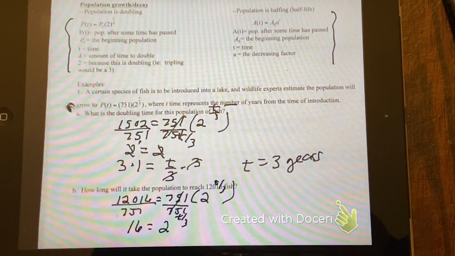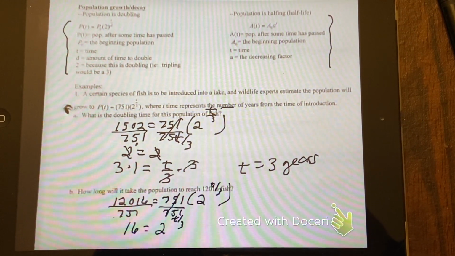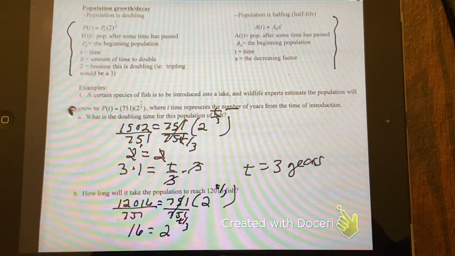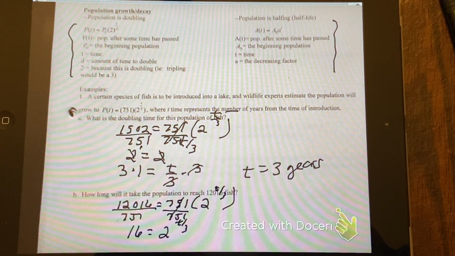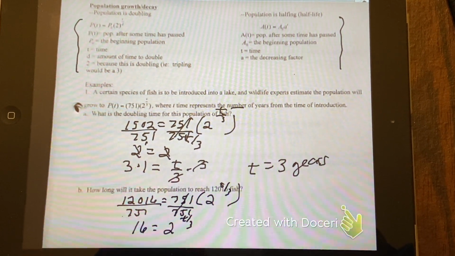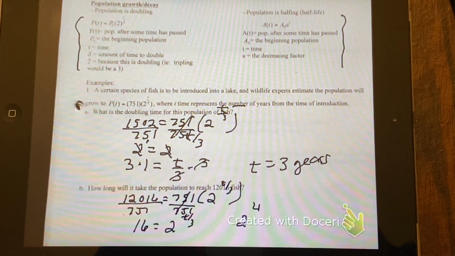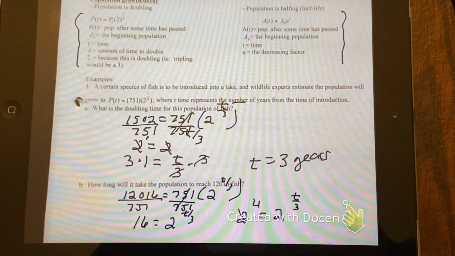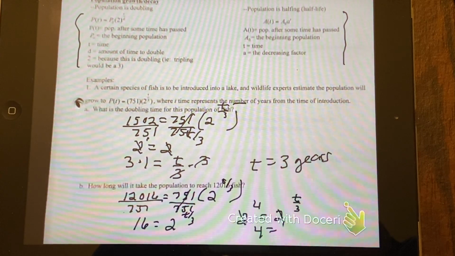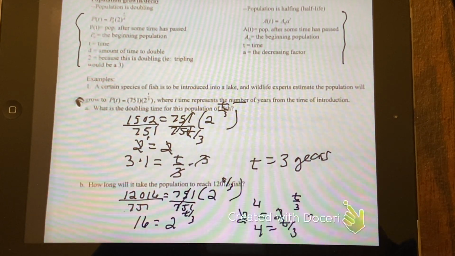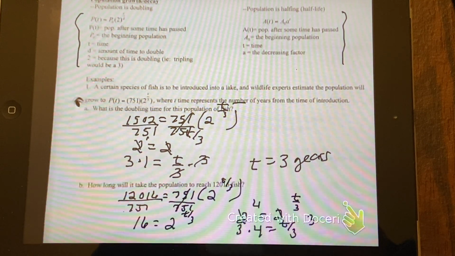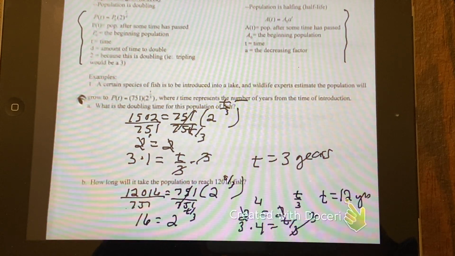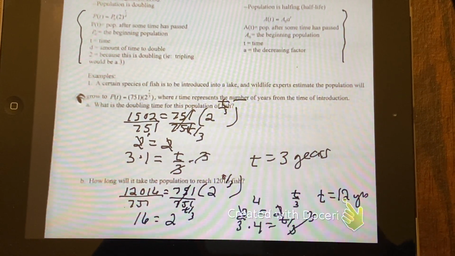Just like last lesson, I need to get the bases to be the same. If I look at 16, isn't 16 the same thing as 2 to the 4th? And then 2 to the T over 3. Same base. Set the exponents equal to each other. I'm just going to multiply both sides by 3 so that it cancels. So it's going to take 12 years for us to reach a population of 12,016.